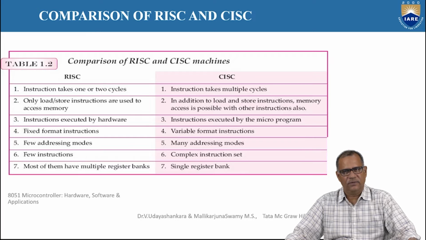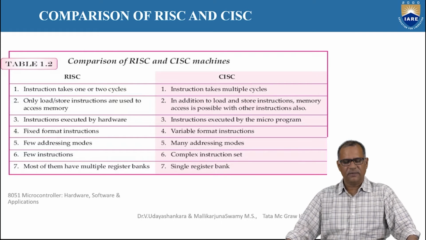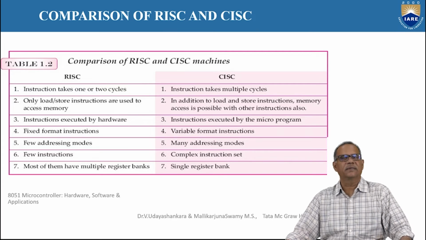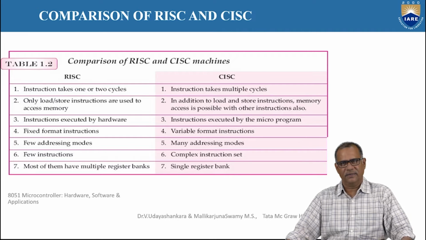In RISC you have only a few instructions, whereas in CISC you have a large instruction set. Most RISC machines have multiple register banks, whereas CISC has only a single register bank. So you have more registers in RISC machines, whereas in CISC you have fewer registers.